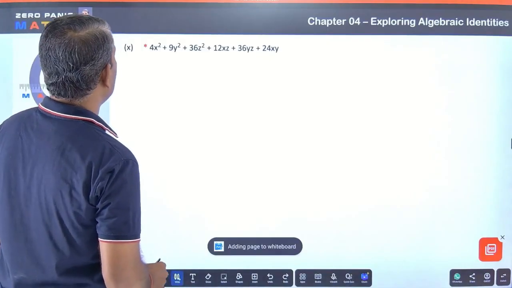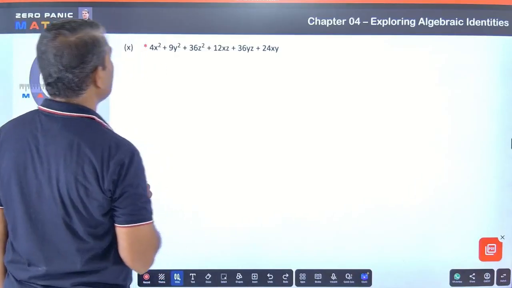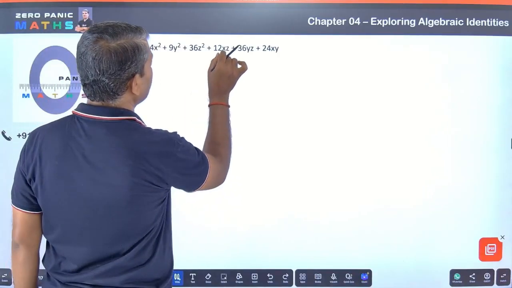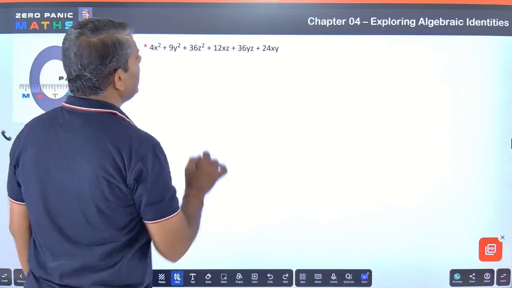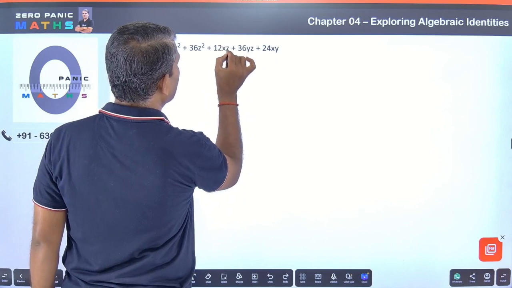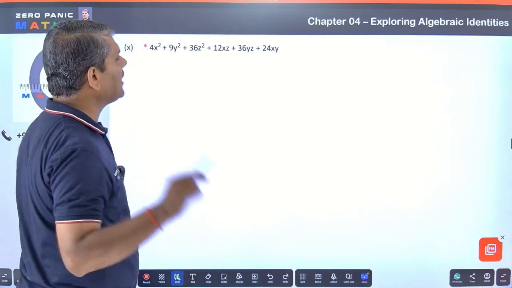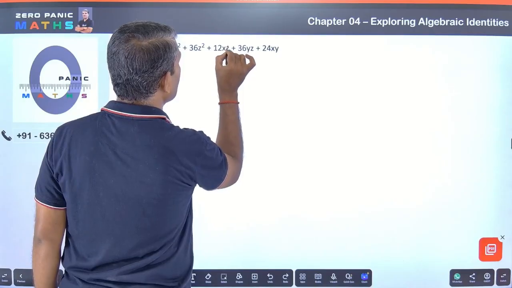Now, next problem I have given a red star here, because what I observed is there is a small change that we need to do in these two terms. It should actually be 12xy and 24xz. You have to make that correction. Instead of z here, it should be y.